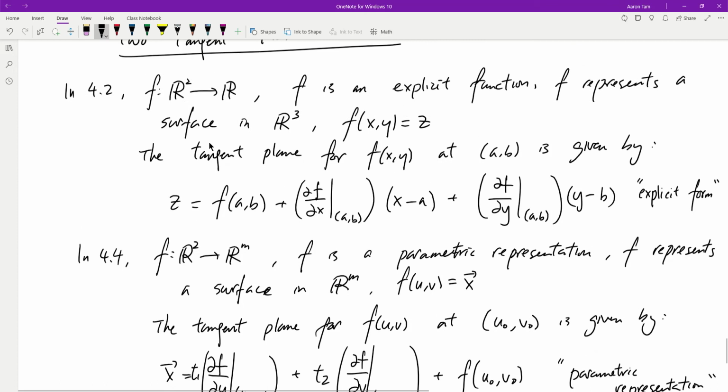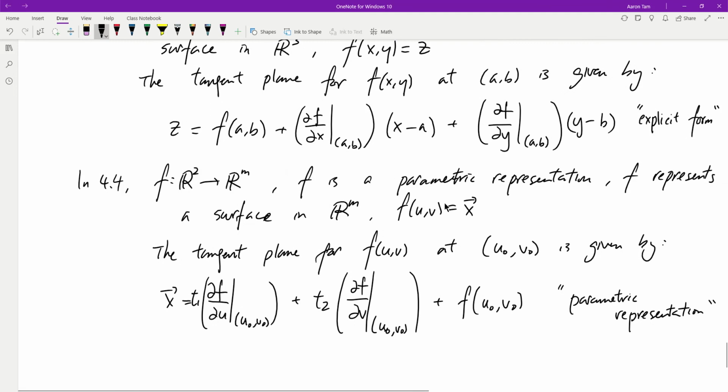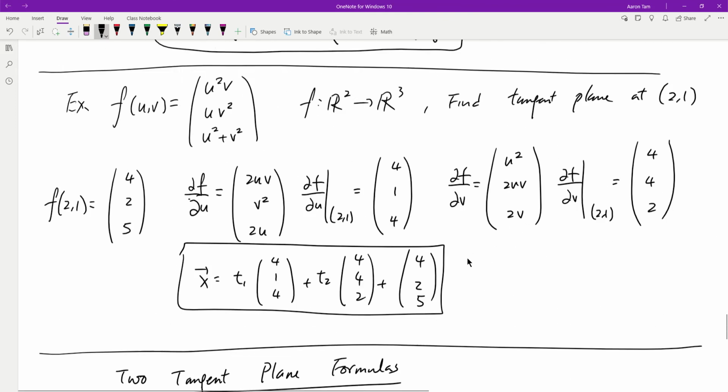And is that a surprise? Shouldn't be, because the function is explicit and our tangent is also explicit. If our function is parametric, then our tangent is also parametric. Okay? All right, I think that's the last thing that I want to show you in 4.4, the tangent plane.